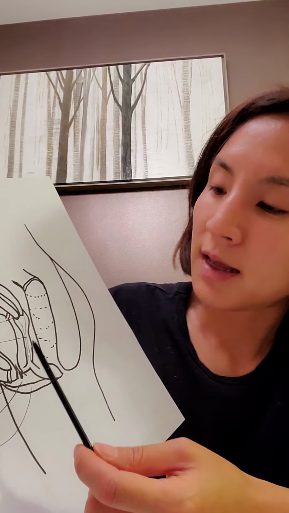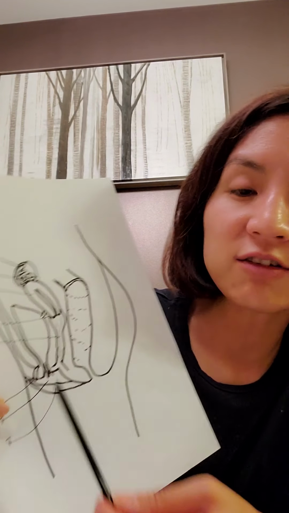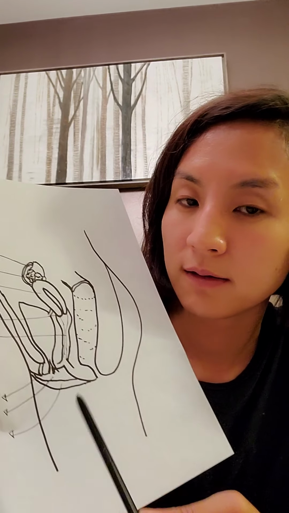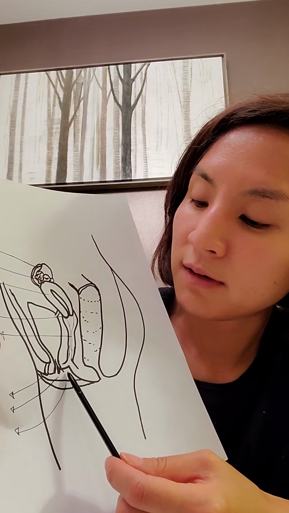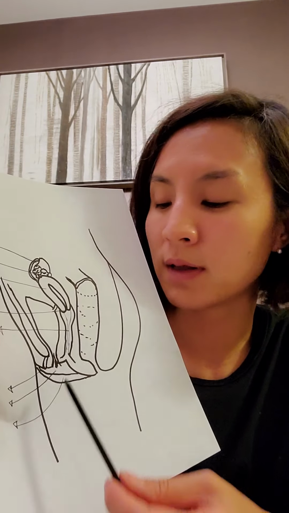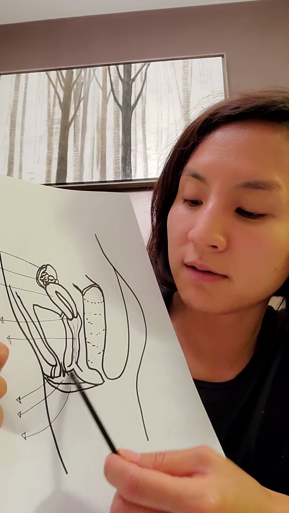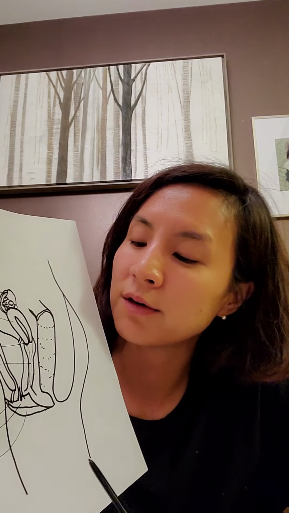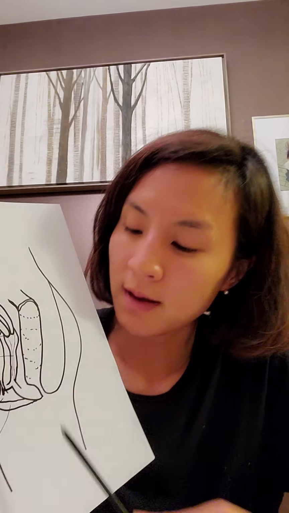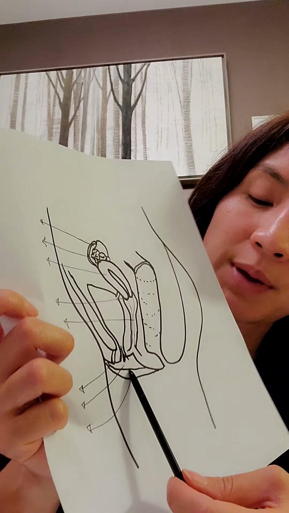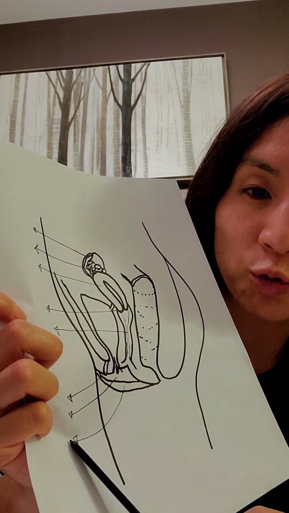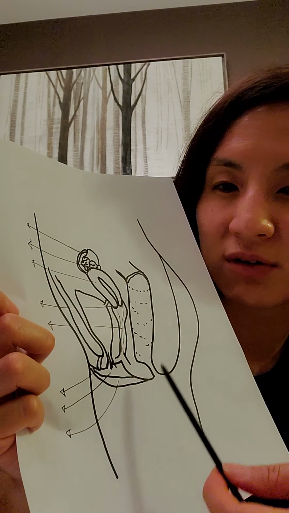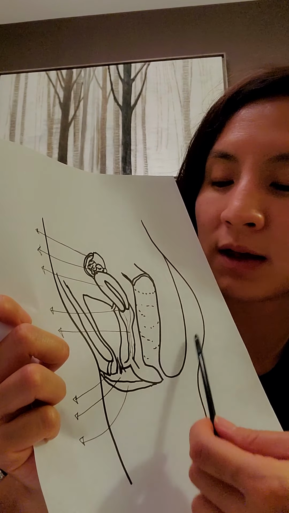And then we have the external organs here. This is the labia minora, which protects the clitoris and some other reproductive organs. And there is the labia majora, which also covers those other organs.